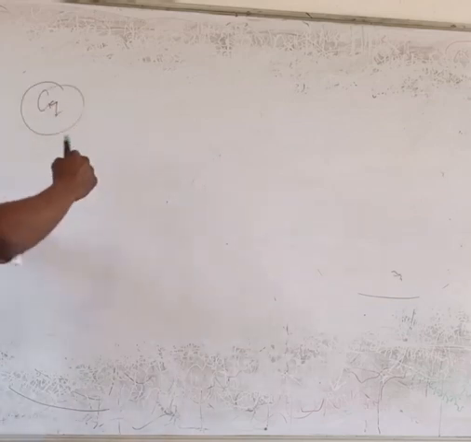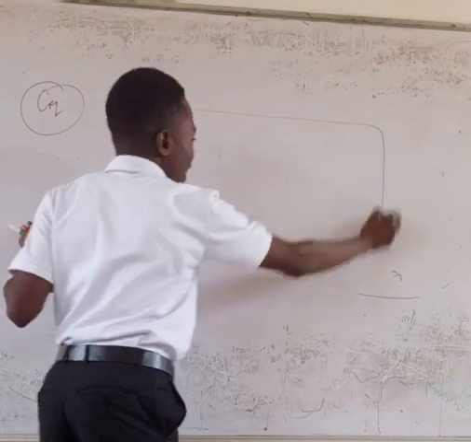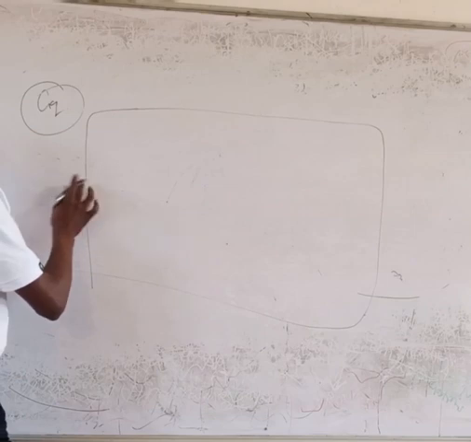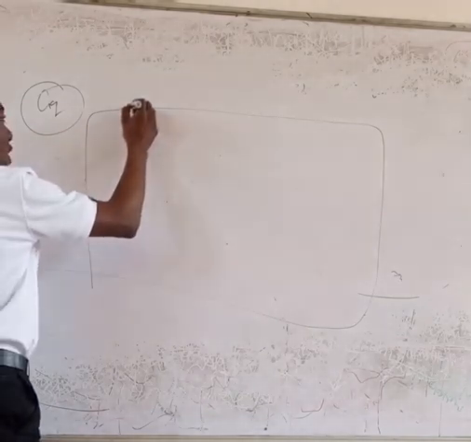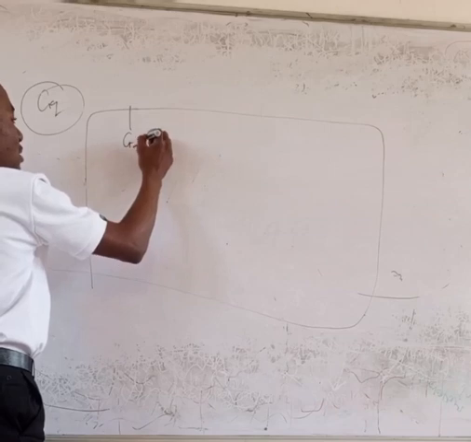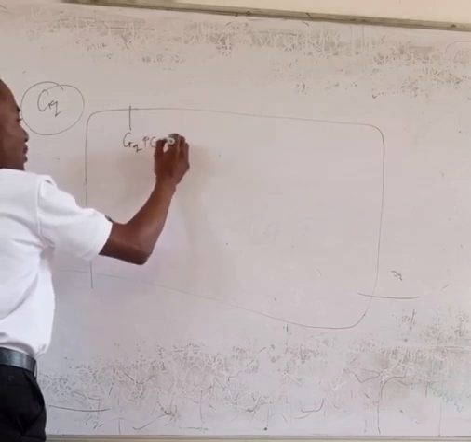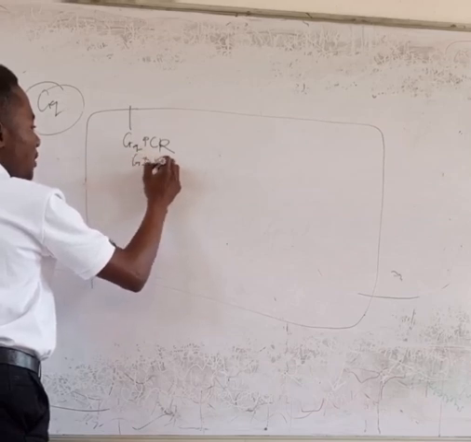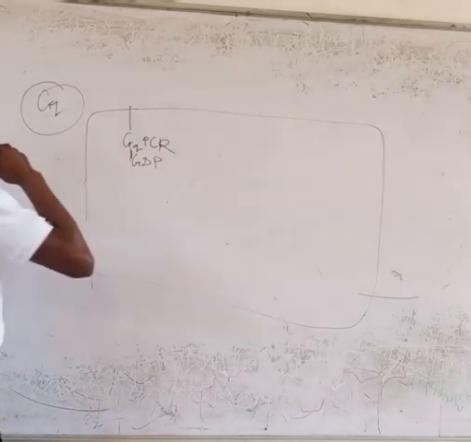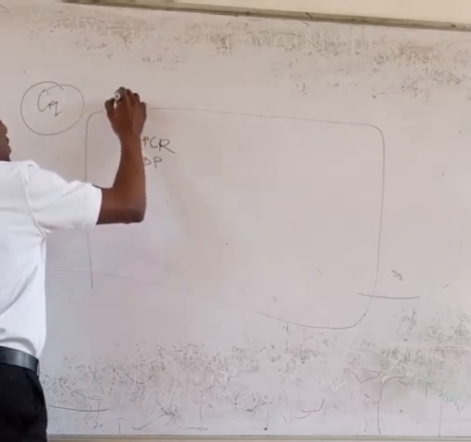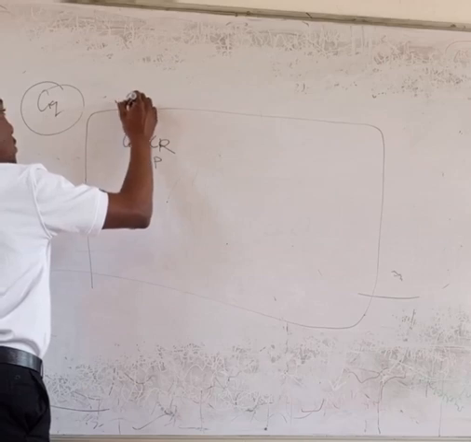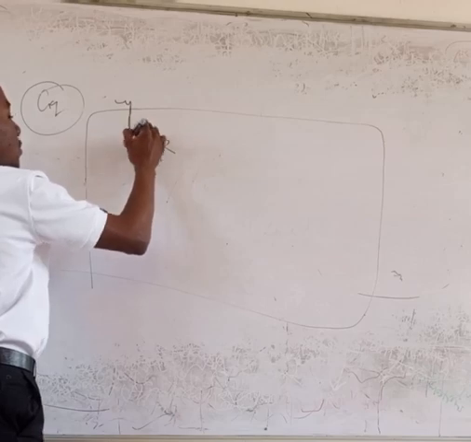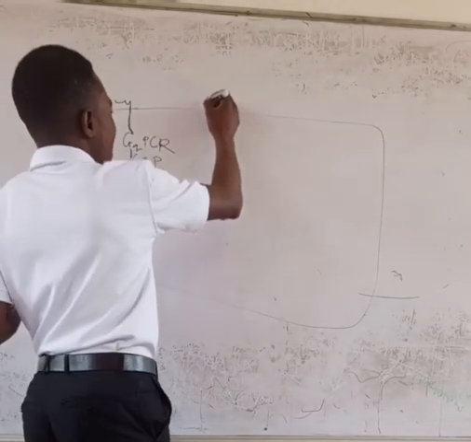I talked about all of this. It was a video to you guys. I talked about this diagram. So this is the Gq protein coupled receptor, which is bound to GTP. They are the enzymes.